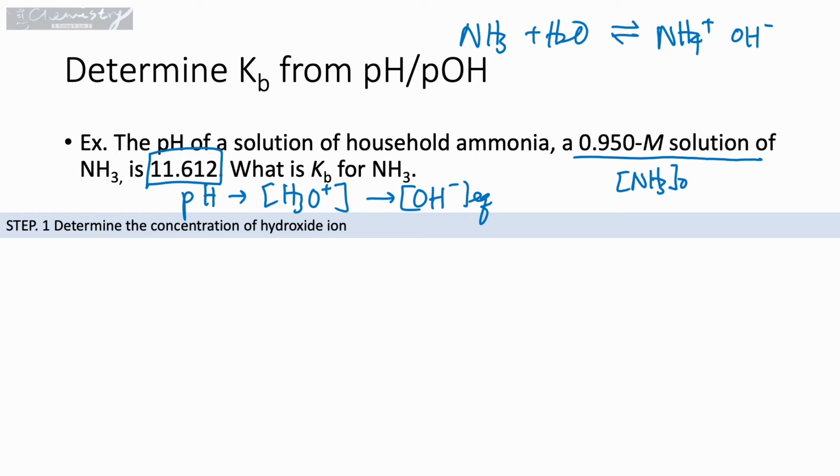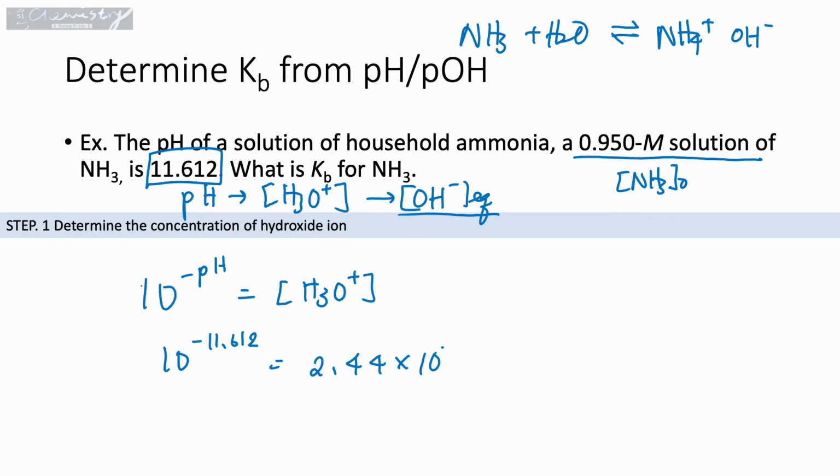So the first thing we have to do is find the equilibrium concentration of the hydroxide ion, which we can start by: we know that 10 to the negative pH is equal to the concentration of the hydronium ion, so 10 to the negative 11.612 is equal to 2.44 times 10 to the negative 12 molar.